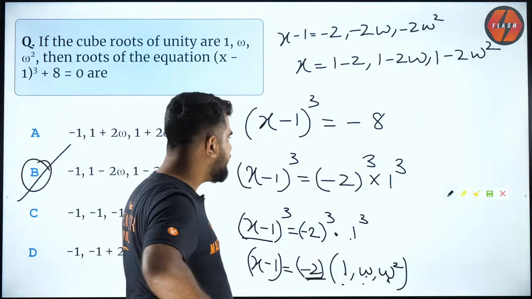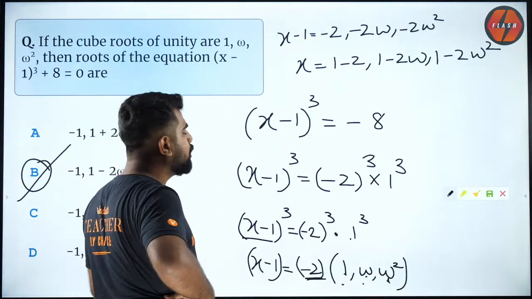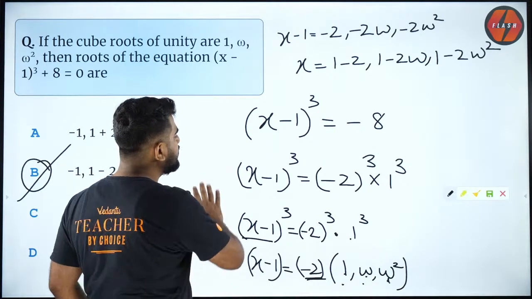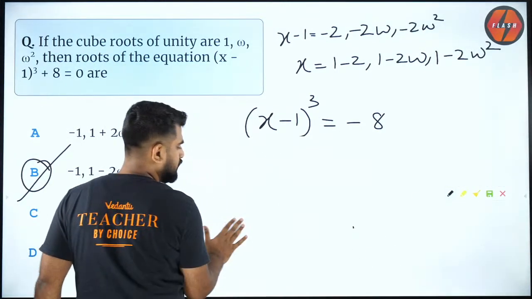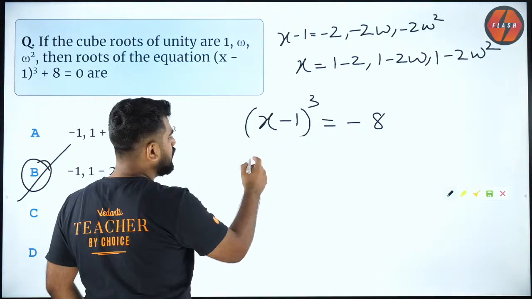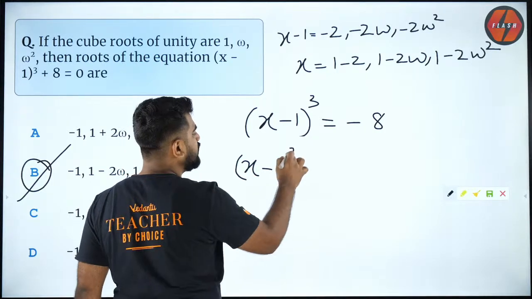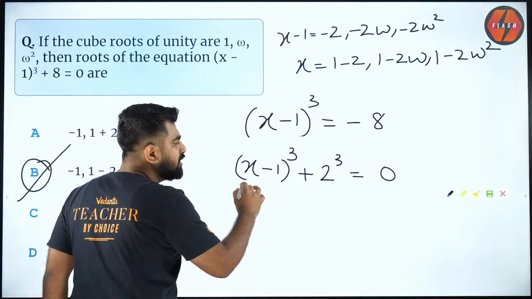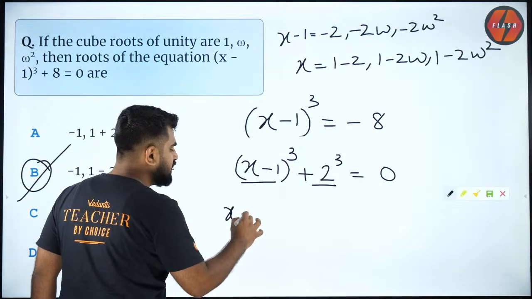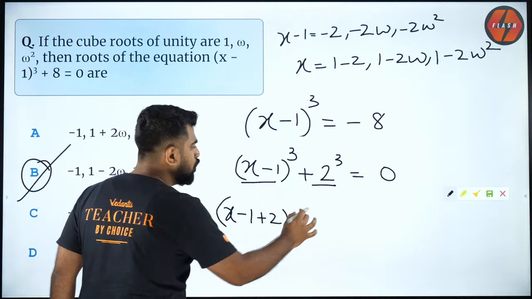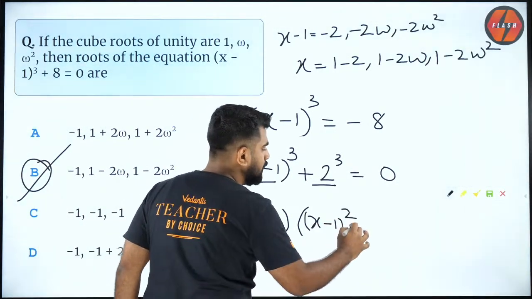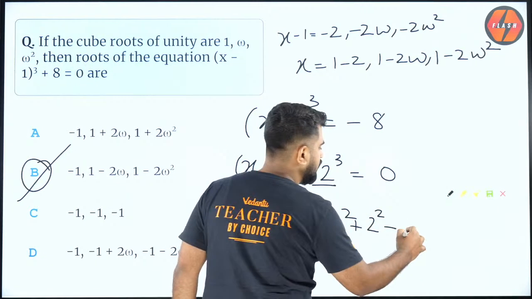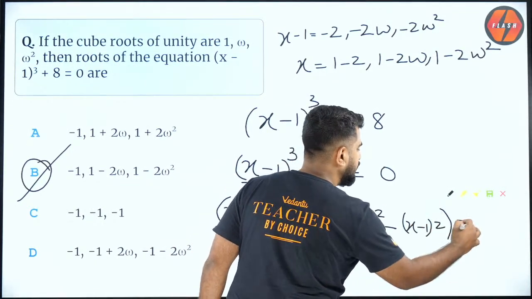Confusing? Okay, don't worry. I'll try to give you an alternative approach if you are finding this a bit difficult. So Mohammed, in that case, forget about all this and write it like this: (x minus 1) whole cube plus 2 cube is equal to 0. So now this is a cube plus b cube, which is (a plus b)(a square plus b square minus ab) equal to 0.